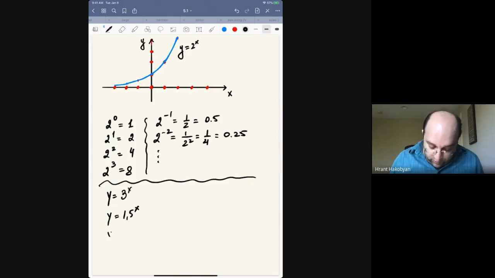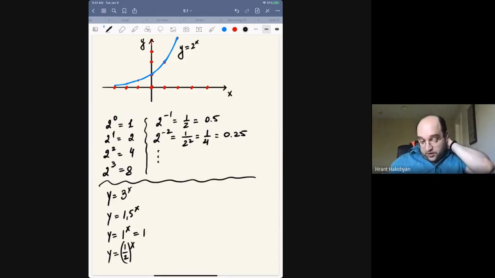I could do y equals 1 to the power x, but that's the same thing as 1, because 1 to every power is 1 again. And then I could have taken also y equals, say, 1 over 2 to the power x. So I'll get different kinds of functions.